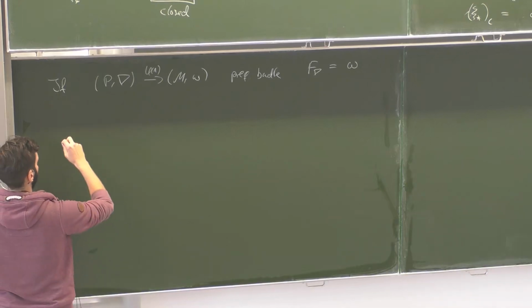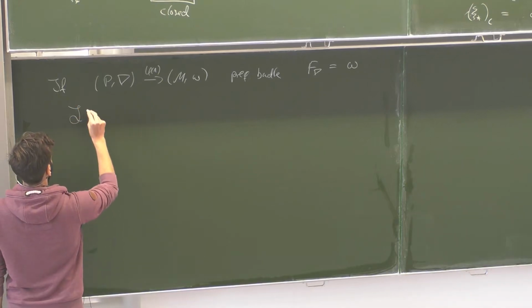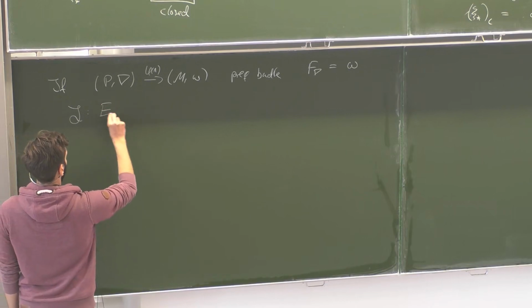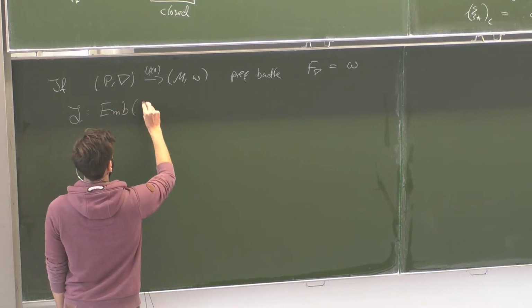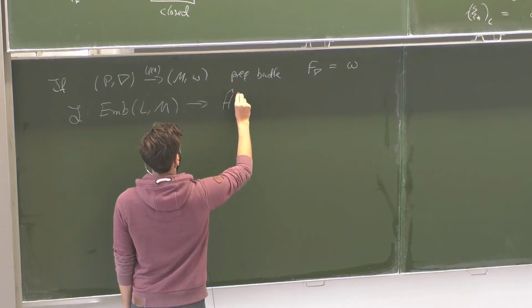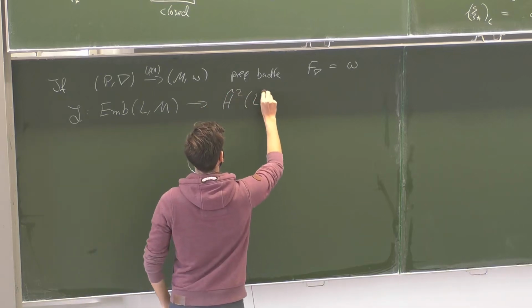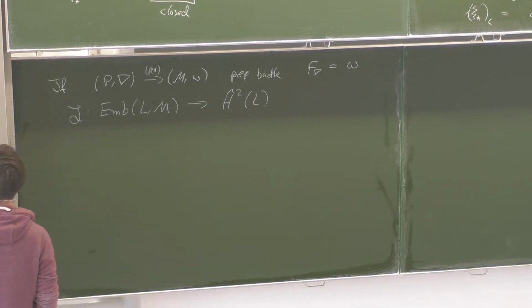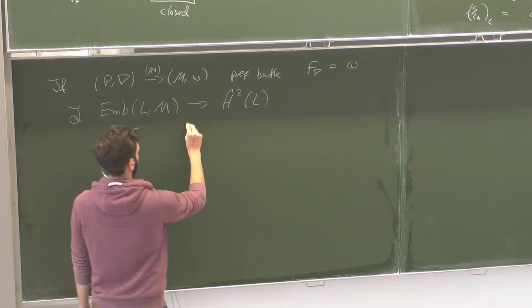And if you assume it like this, then we can now define a momentum map from the embedding space into this group of gauge equivalence classes of connections. And that's essentially what you would expect.